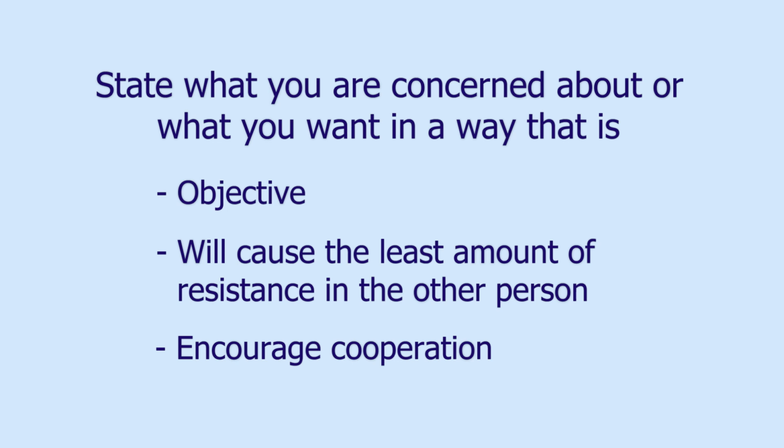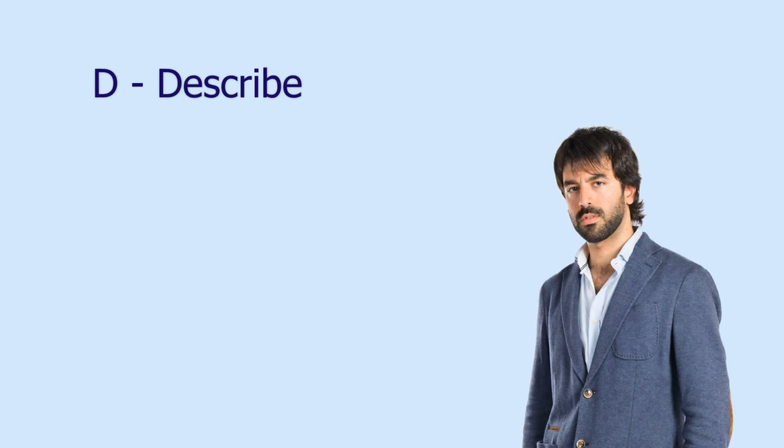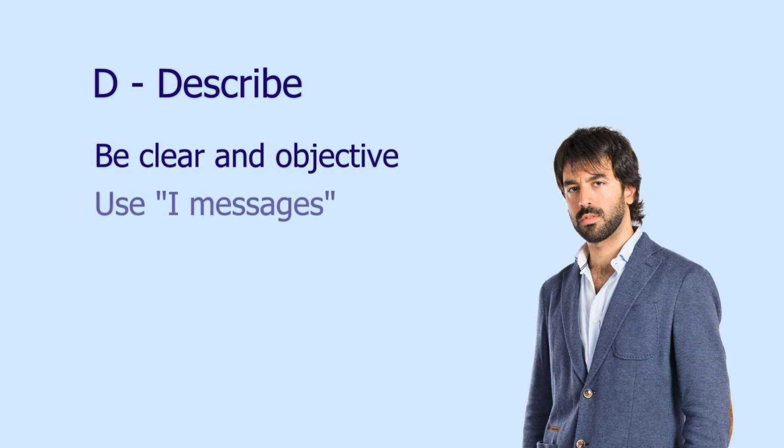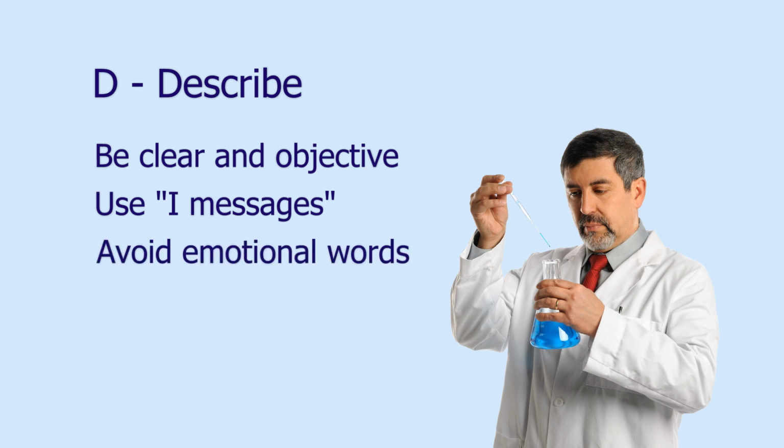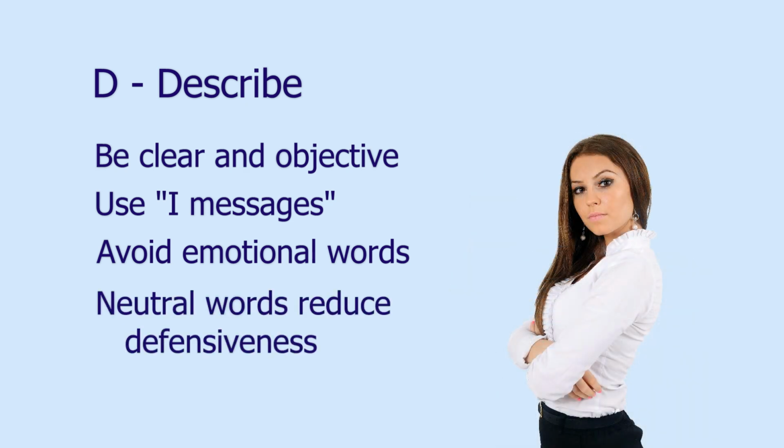A DER script begins with a description of the problem you wish to resolve. Do this as clearly and objectively as possible with an I message. Try to think of yourself as a scientist who is trying to describe what you see objectively using words that have no emotional connotation. The more objectively you describe the problem, the less likely you are to trigger defensiveness in the other person.